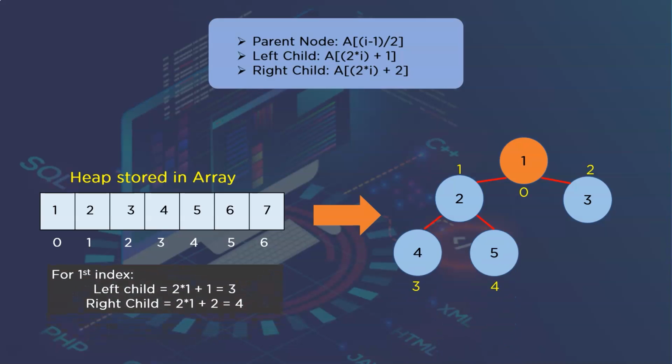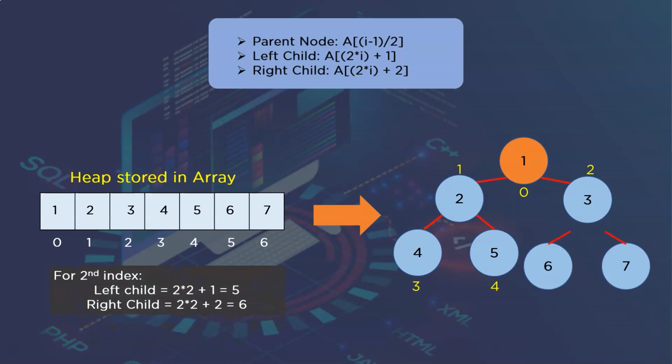For index 1, the left child will be at index 3 and the right child will be at index 4. Similarly, for index 2, the left child will be at index 5, and the right child will be at index 6. Using these formulas, we'll be implementing heapify and priority queue operations. So note them down for further reference.